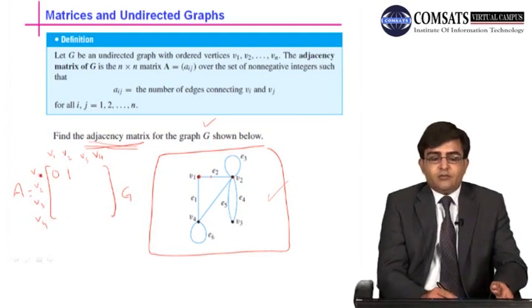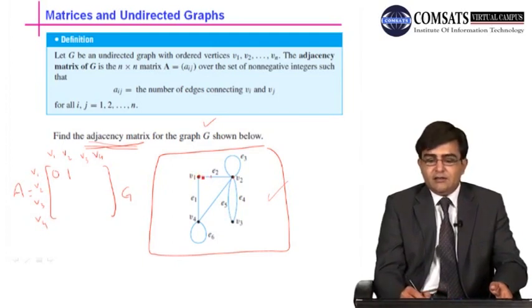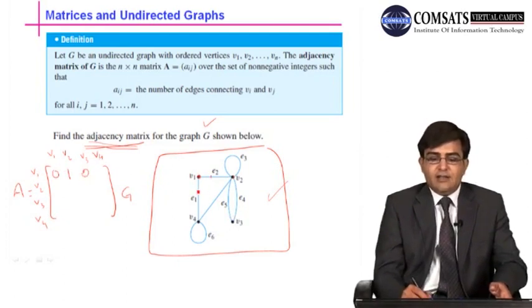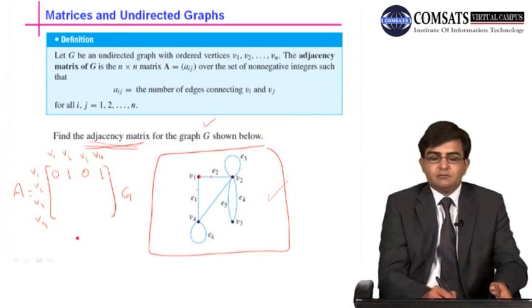Similarly, how many edges are there which connect v1 and v3? There is no edge which connects directly v1 and v3, so we write here 0. How many edges are there which connect v1 and v4? There is only one edge, so we write here 1.